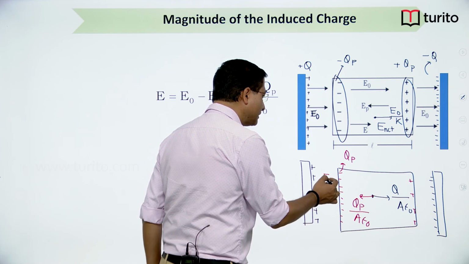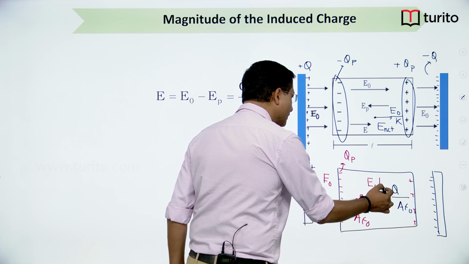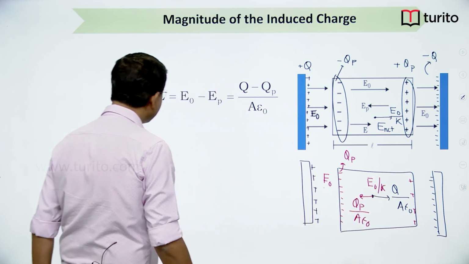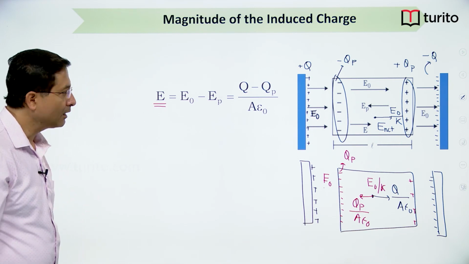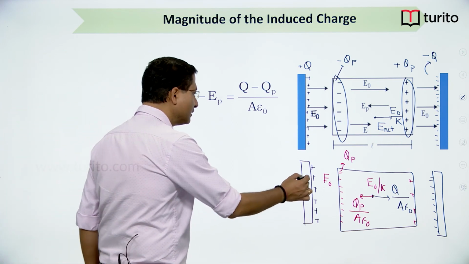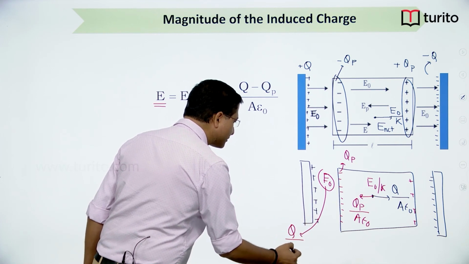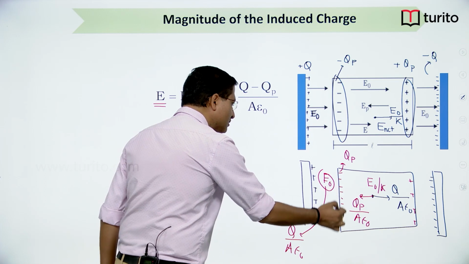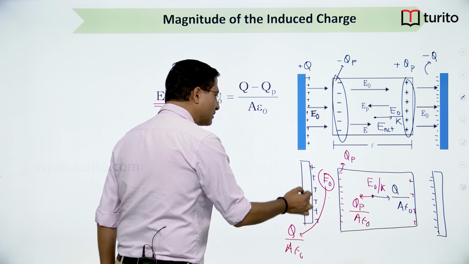So, if the field here is E naught, then the field here will be E naught by k. And what is E naught? This E naught is q upon A epsilon naught, because this Qp cannot produce a field outside.